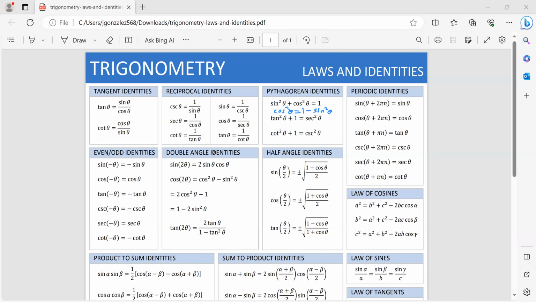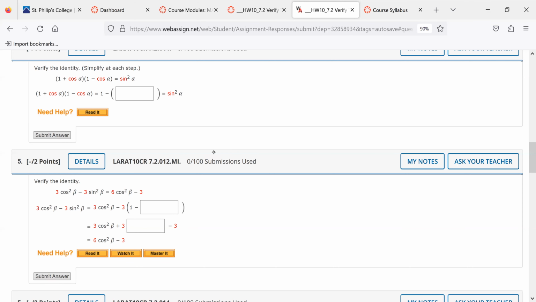So then delete everything. So that's why this part is equal to sine. If you didn't have this whole big hint right here, you would have to choose either this side or this side, and then try to get to the other side.